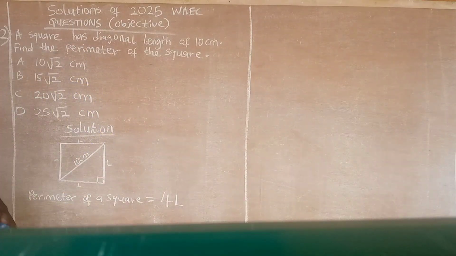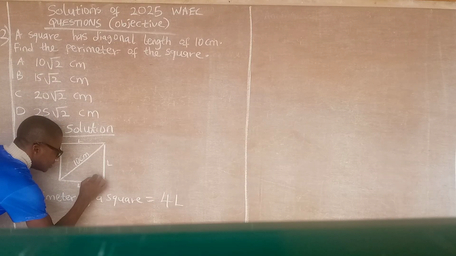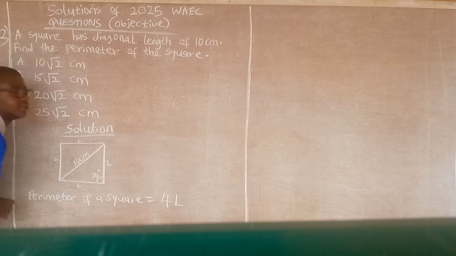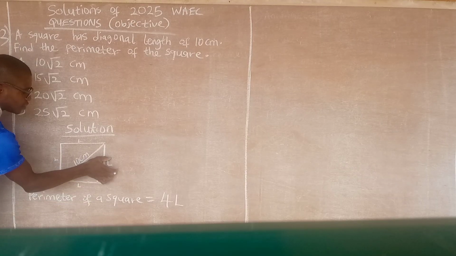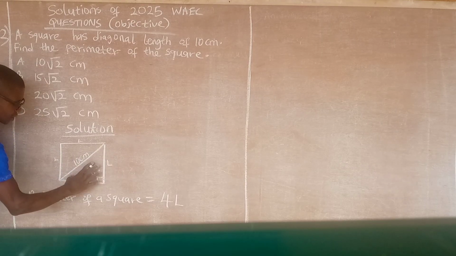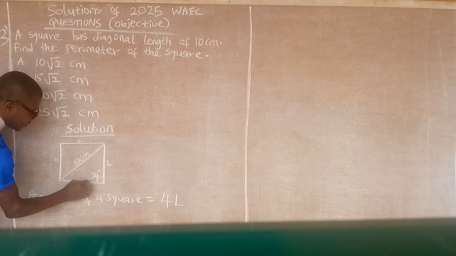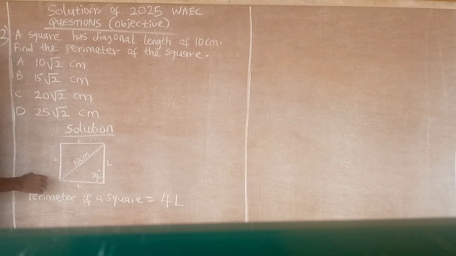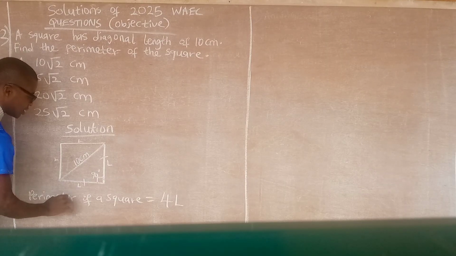And to calculate the length of the square, this angle is 90 degrees. And since this side is equal to this side, this triangle of the square is an isosceles triangle. So this side is equal to this side.